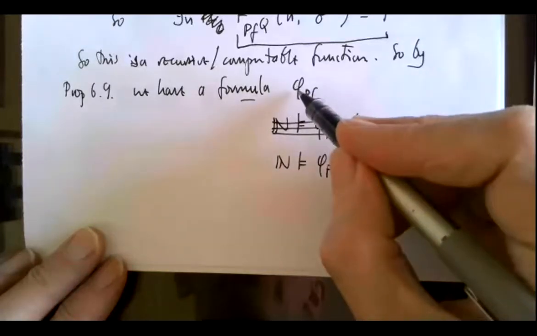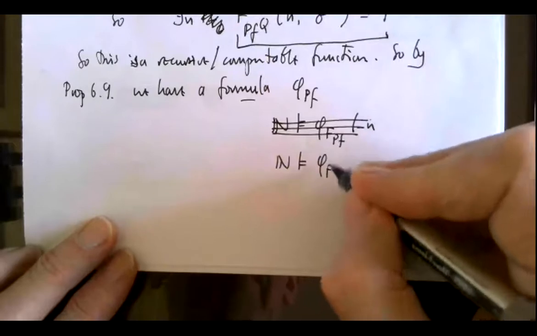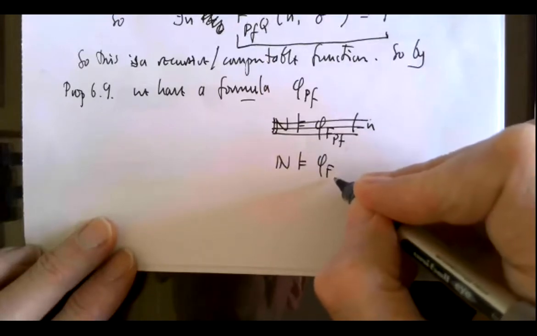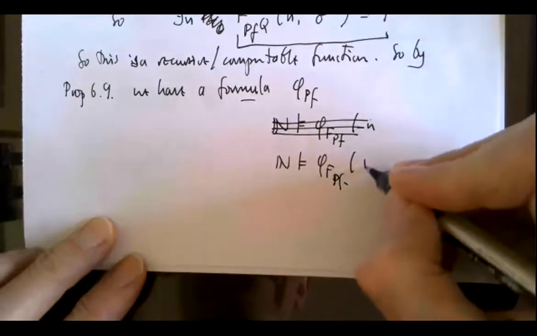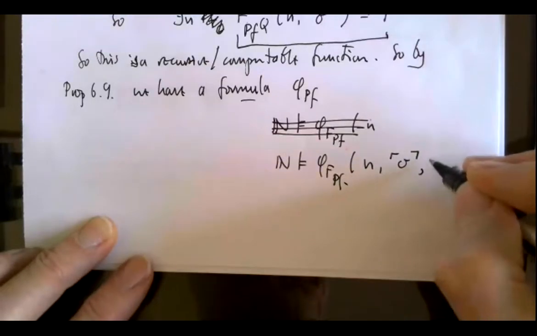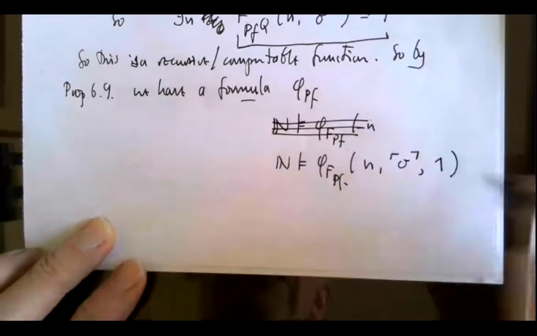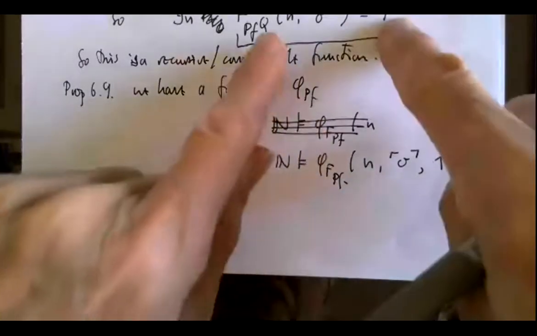So there's a phi corresponding to this f here. This is the f function here, n and sigma and 1. So this is going to give me the graph of this function.